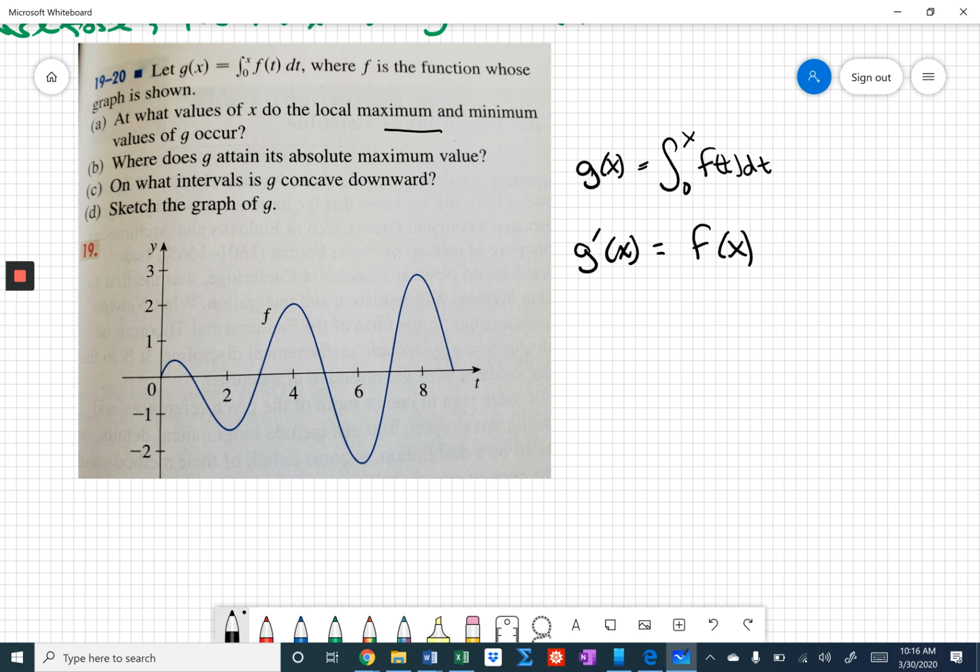Now, to find where local max and minimum occur, we need to figure out where g prime is either undefined or 0. So first of all, g prime, which is equal to f, is never undefined on this interval for our graph.